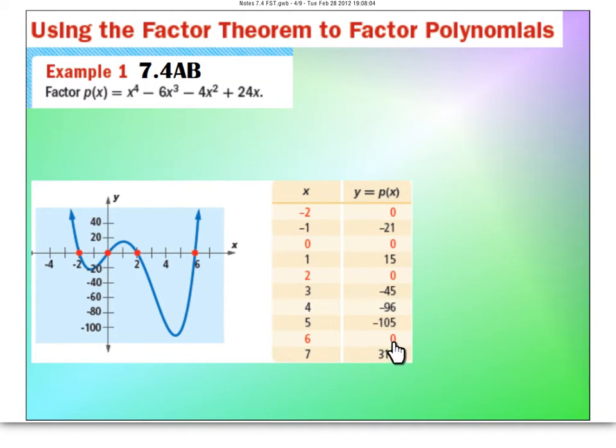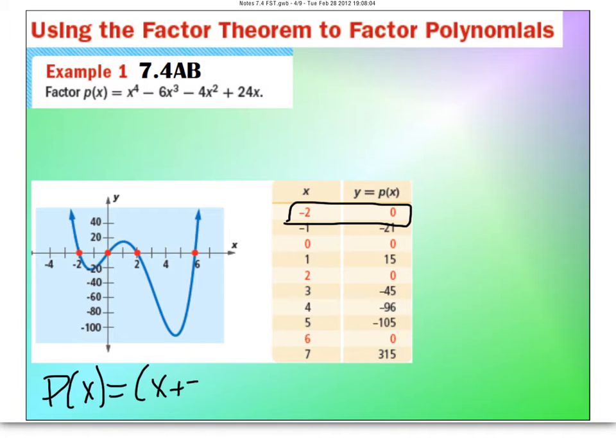Therefore, they are the x-intercepts, or the zeros. So we can take the 4 x-intercepts and write them as factors. So we see the standard format up here, and we can easily write this in factored format now that we have the zeros. So the zero of -2 becomes p of x equals x plus 2.